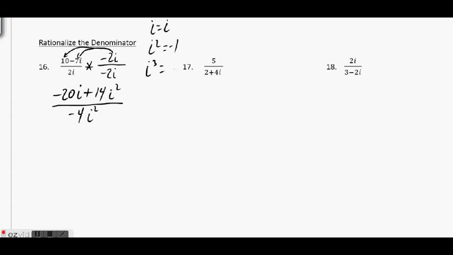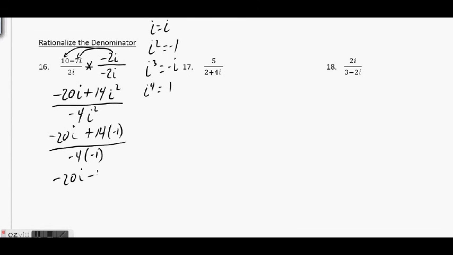So I have -20i. i squared is -1. So I have 14 times -1 all over -4 times -1. -20i minus 14 all over +4.